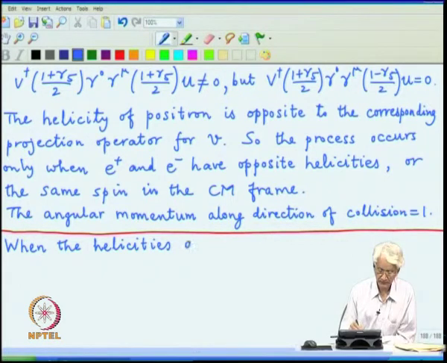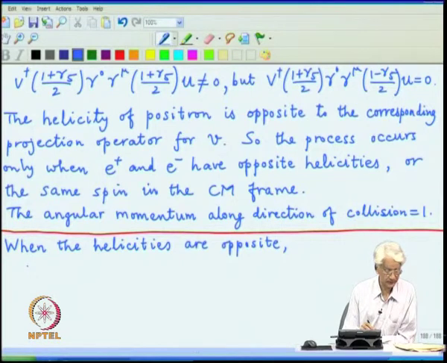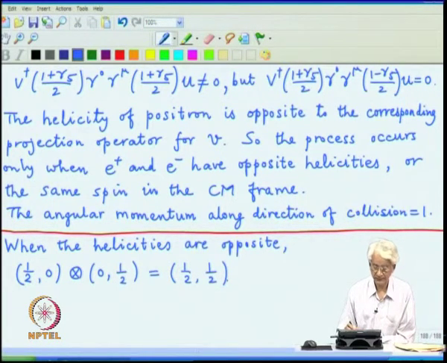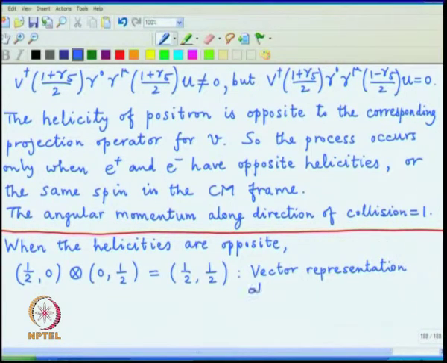So, when the helicities are opposite, we have the combination of the spinors, say (1/2, 0) tensor product with (0, 1/2), which produces the representation (1/2, 1/2), and this is the vector representation, which is the allowed representation for the interaction given by gamma mu A mu.